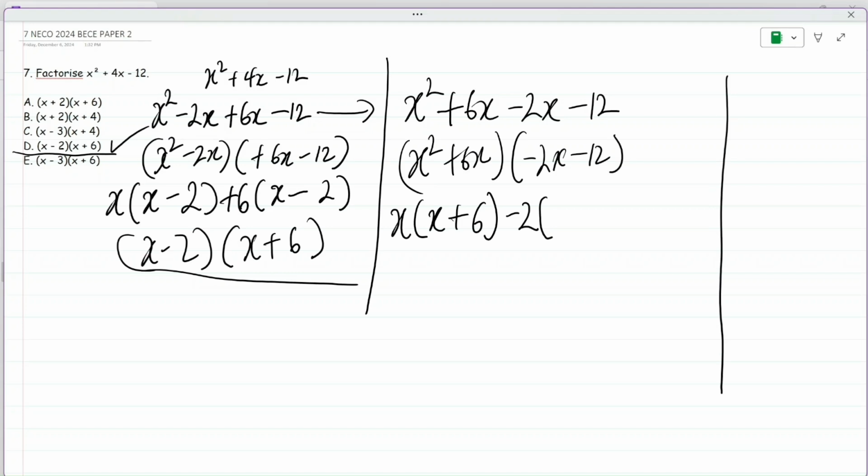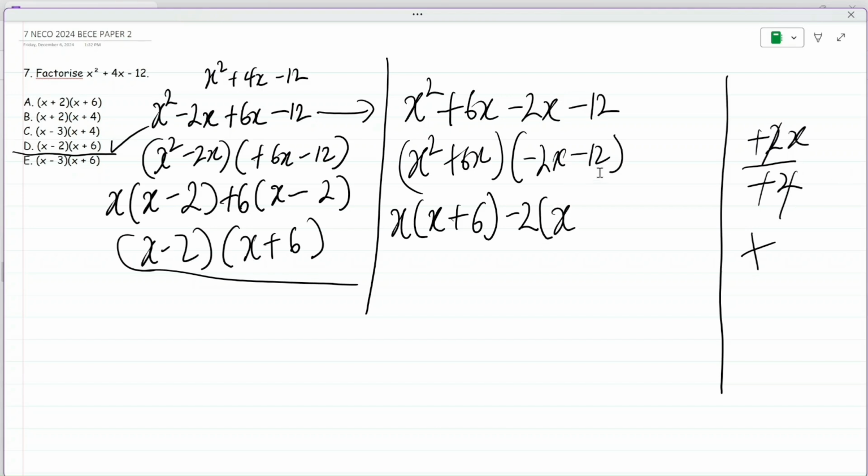Let's do a rough work by the side. In this case, you have minus 2x divided by minus 2. You have to divide this minus 2x by this minus 2. And you know, when you are doing divisions and you have negative and negative, the negative will cancel out or turn into positive. Then you have 2 cancels 2, you'll be left with x, this will be left to x.